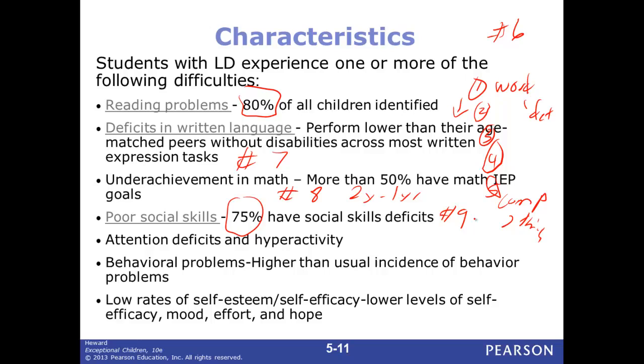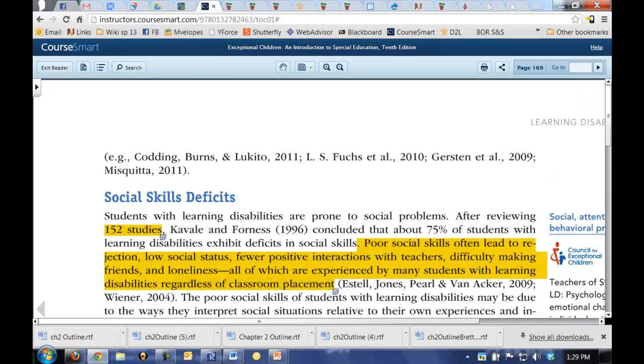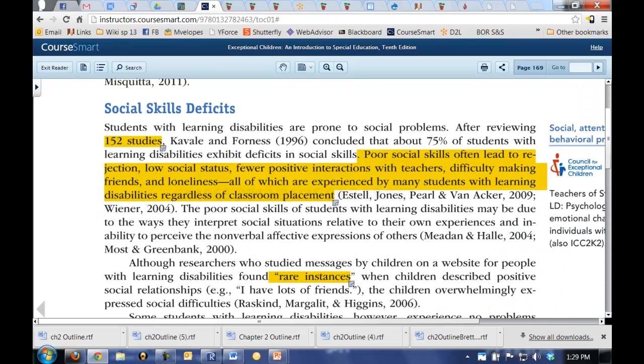And then, of course, we have some others. This attention deficit and hyperactivity and behavior problems. And this is a harsher one. Low rates of self-esteem, lower levels of self-efficacy, mood, effort, and hope. Let's take a look at those, which will really be hard. They've studied 152 studies, and that's a paper study.